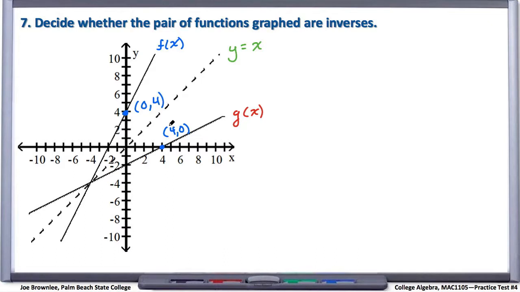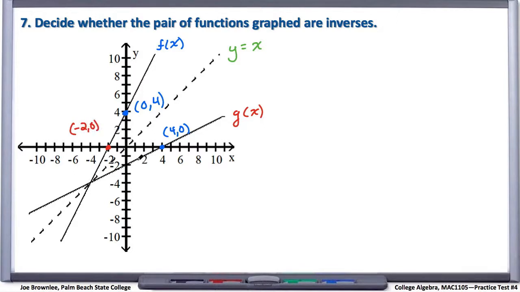Remember we talked about earlier, I think it was in question 4 maybe, or maybe 3, that the domain of f has to be the range of g, and the range of f has to be the domain of g. All that means is that you're swapping your x and y values. All right, let's find another point on the f function. We can see here that we get (-2, 0).